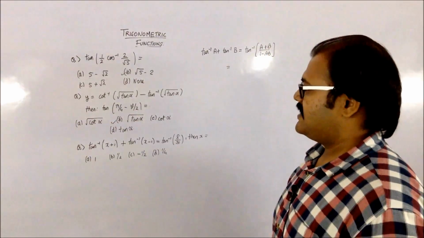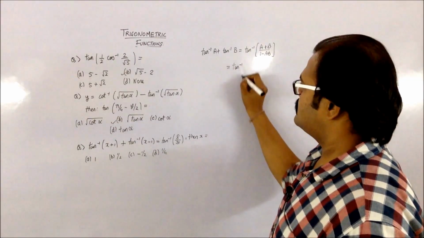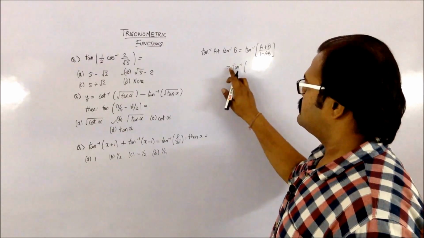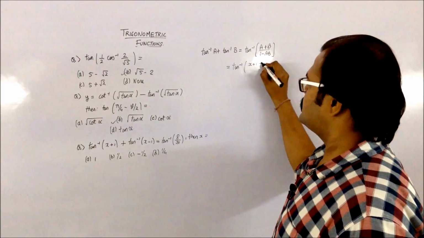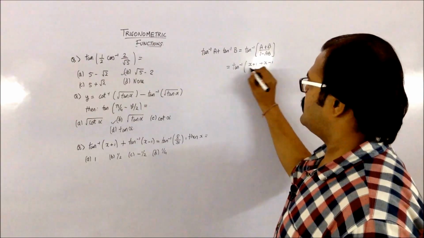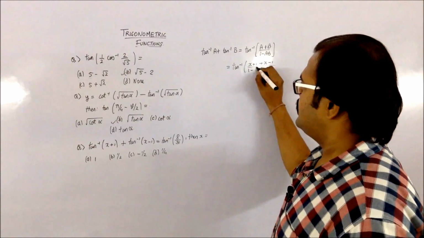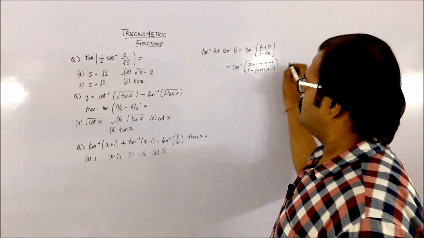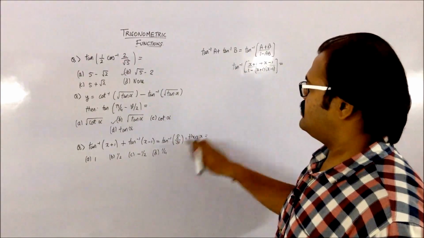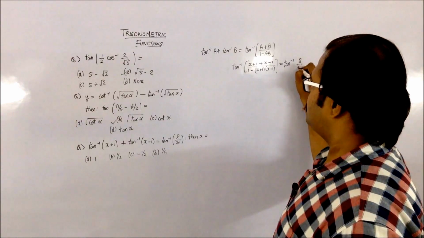So if you just apply that thing over here, you will be getting it as tan inverse of x plus 1 plus x minus 1 divided by 1 minus x plus 1 into x minus 1. So this thing is going to be equal to tan inverse 8 by 31.